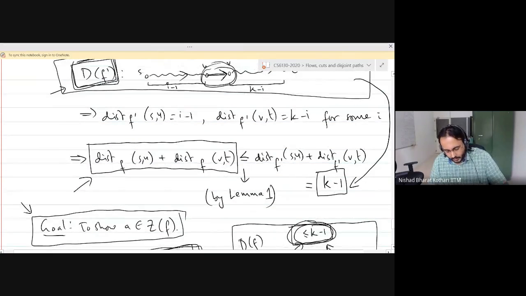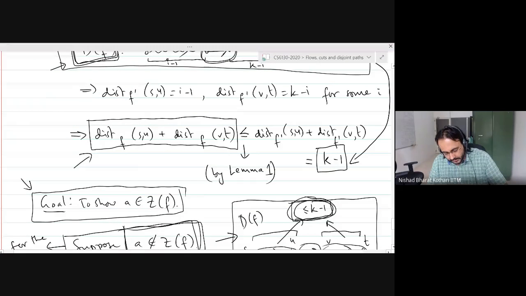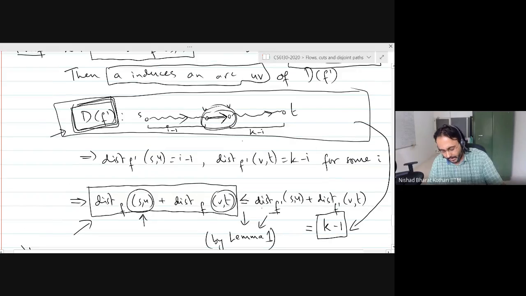Then we applied lemma 1 to observe that the distance with respect to the flow F between S and U and V and T, if you add them up, has to be less than or equal to the distance with respect to the flow F prime. So this is where we are applying lemma 1, right? And if you add up I minus 1 and K minus I, you get K minus 1.